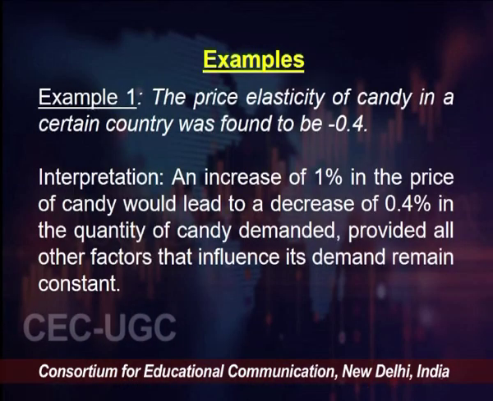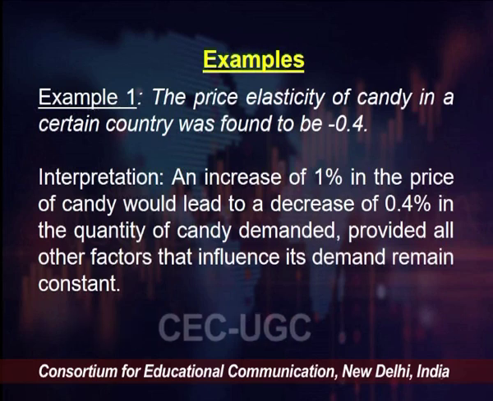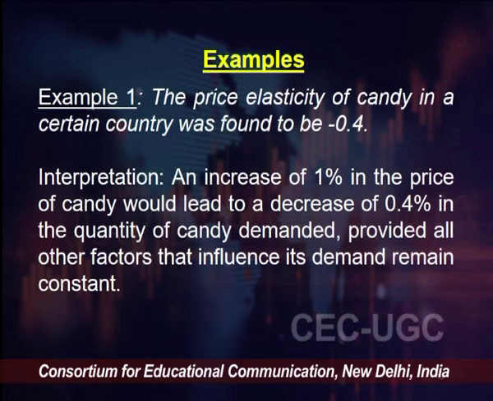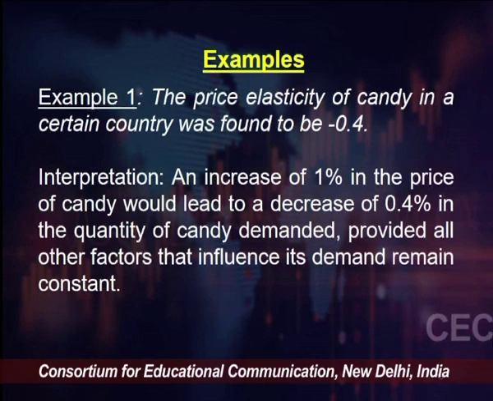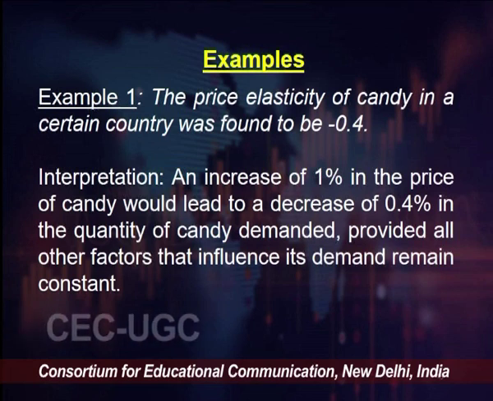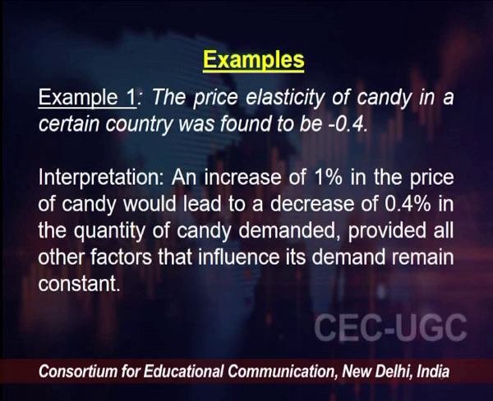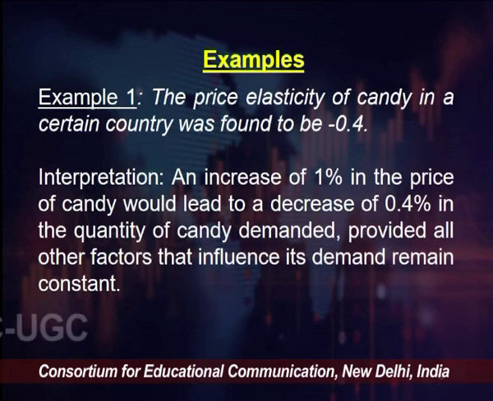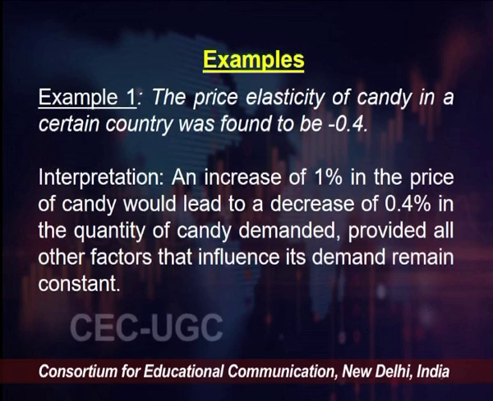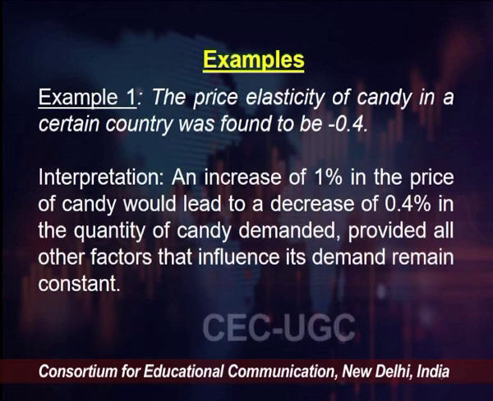In fact, going back to the example on candy, the price elasticity of demand is minus 0.4, and because the demand curve is downward sloped, the price elasticity of demand here is going to be negative. But for purposes of comparison, we look at the absolute value, because it's easier to handle.